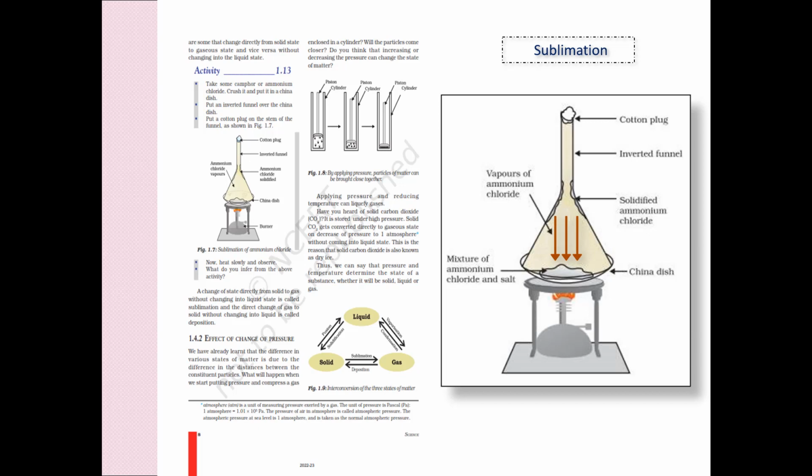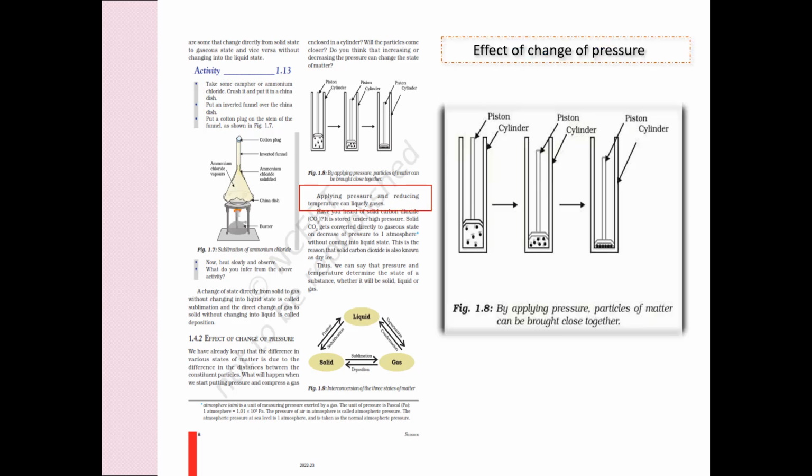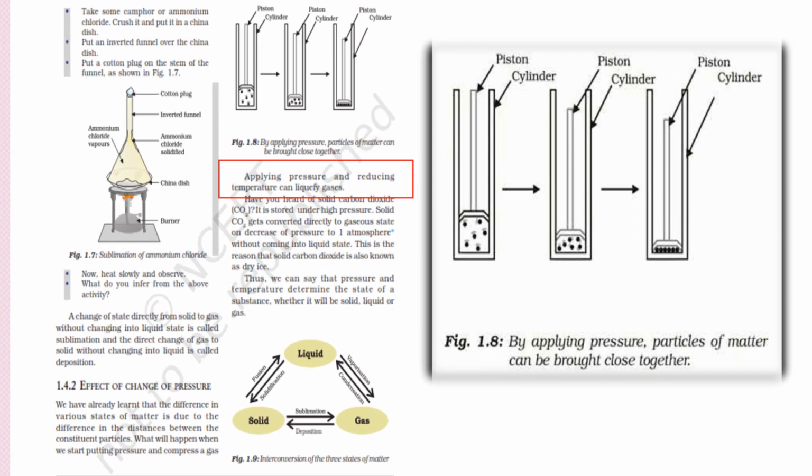Now let's see another experiment: the effect of the change of pressure. As you can see here, there are three cylinders in which pistons are present, and you can see matter, that is the molecules, present inside the cylinder. What we are trying to show by the three cylinders is the quantity of pressure that is applied.